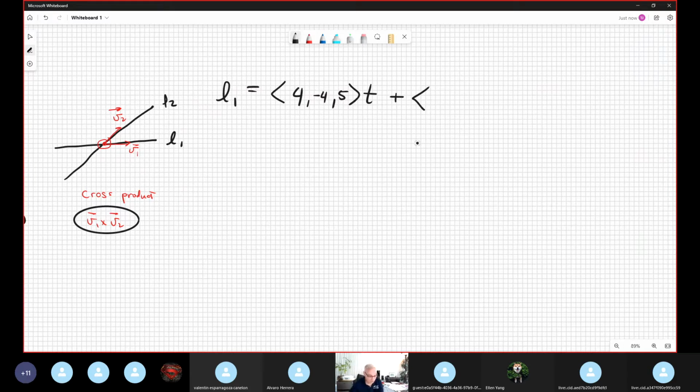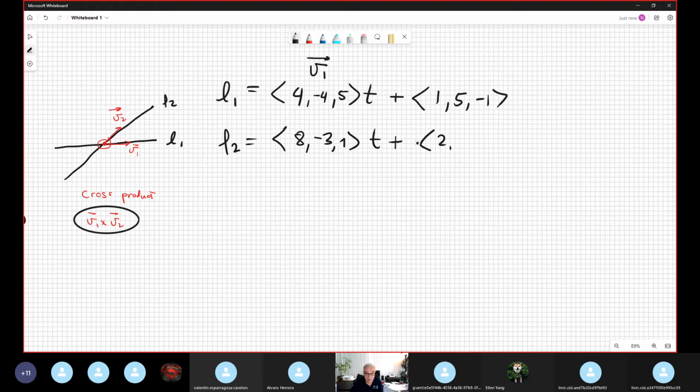Yes, okay, super. So I have the line 1, I don't know why in the paper I wrote it in vectorial format. It doesn't matter, or parametric. In this case, clear, this is the vector B1. And the other is 8, -3, 1 t plus 2, 4, and 5.